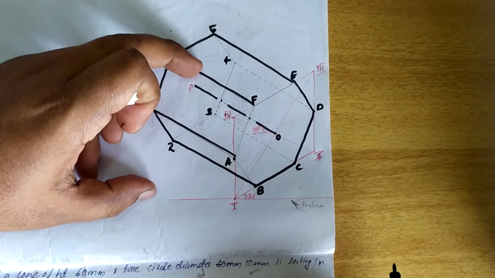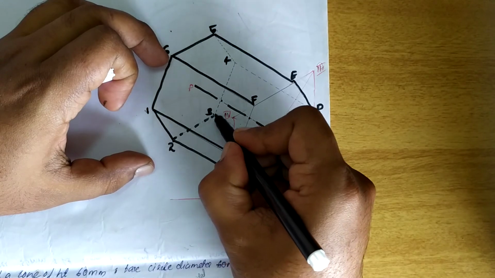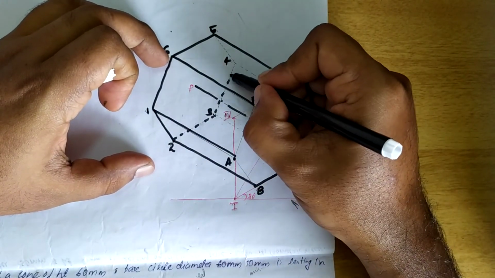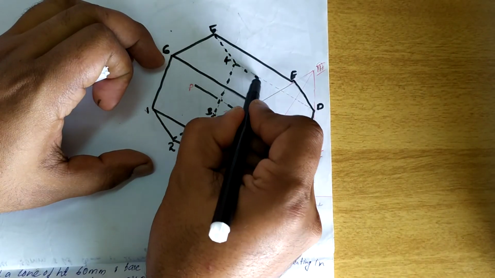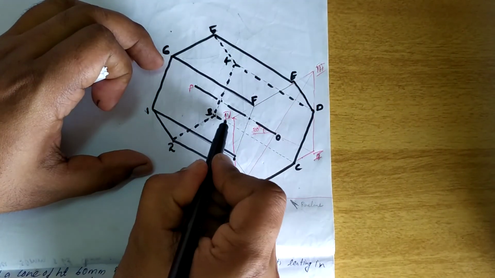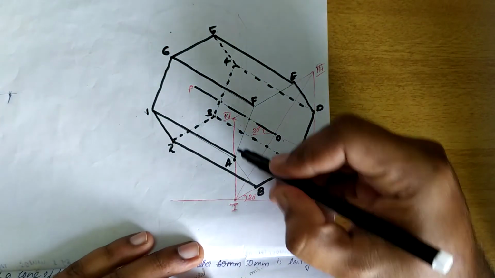So the lines joined with 3 and 4 should be dotted lines: 2, 3 should be dotted, then 3, 4 dotted, then 4, 5 dotted, then 4D and 3C should be dotted lines. All other lines should be continuous dark lines.